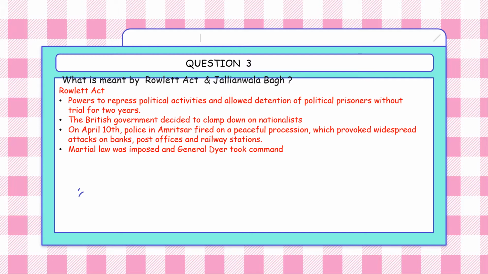Number 2, the British government decided to attack the nationalists. Number 3, on 10th April, the police in Amritsar fired at a peaceful procession, and this led to chaos, and all the Indians got angry and they started attacking the banks, post offices, railway stations, etc. Last point for this, martial law was imposed and General Dyer was in command.